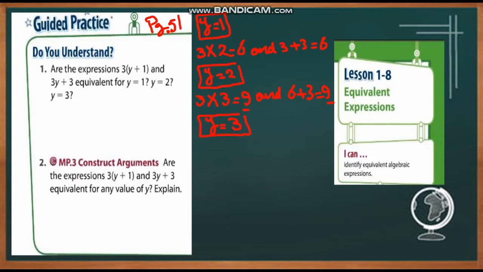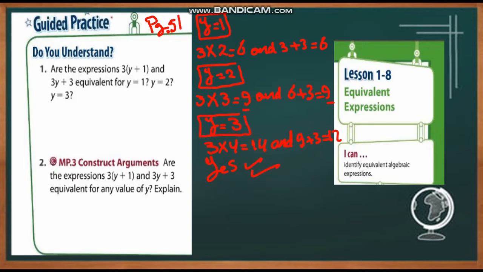So here we have the first expression, 3 times, when y equals 3, so 3 plus 1 equals 4. So 3 times 4 equals 12. And substitute y in the second expression, 3 times 3 equals 9. 9 plus 3 equals 12. So yes, the expression 3 times the quantity y plus 1 is equivalent to the expression 3y plus 3.